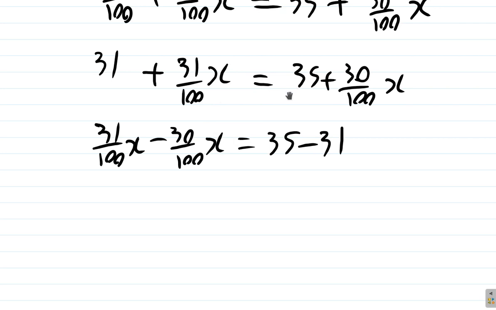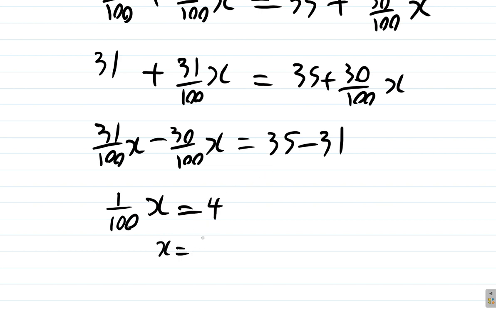You should have worked it out already, but just subtract 30 out of 100 by x and also subtract 31 by x at the same time. 31% minus 30% is 1% x, equals, and then 35 minus 31 is 4.